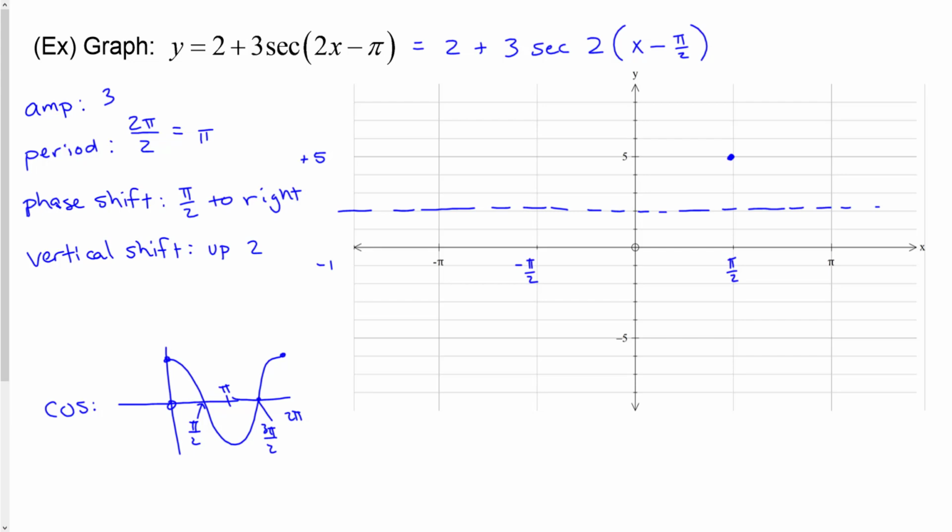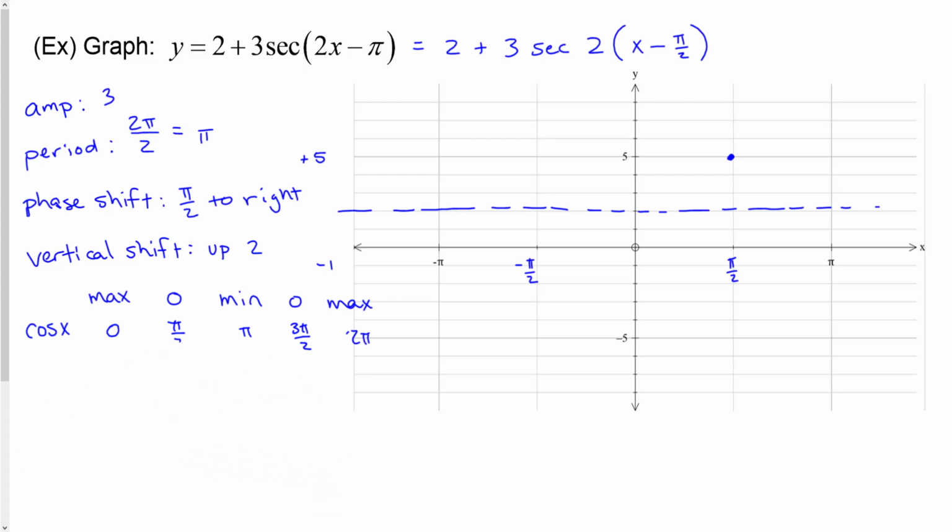Cosine reaches its max, 0, its minimum, 0, and then its maximum again. For the original graph of cosine x, the maximum occurs at 0, the 0 at pi over 2, the minimum at pi, the 0 at 3 pi over 2, and then the maximum again by 2 pi. So let me get rid of that graph, because that's really what this chart is representing.